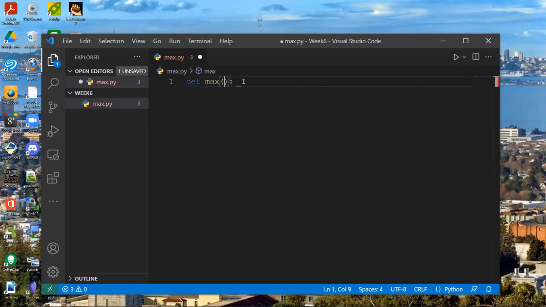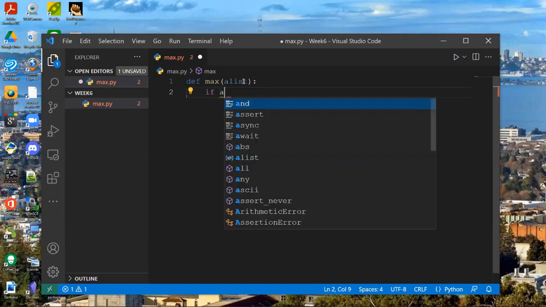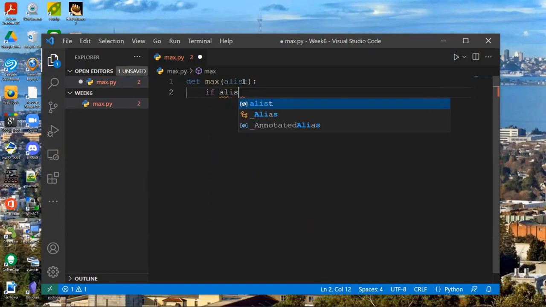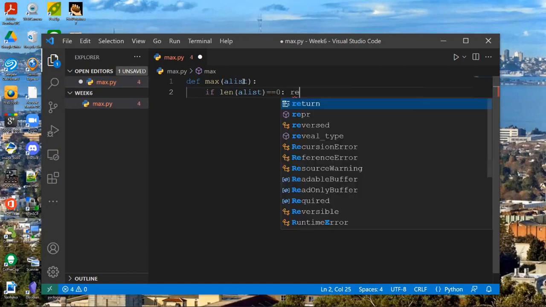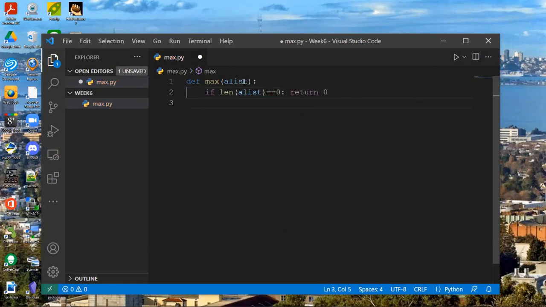Don't worry. So here, let's assume that we try to have a list to find the maximum, right? If you want to use a list, we have an M. If the length of the list is equal to 0, this will return 0, no maximum.